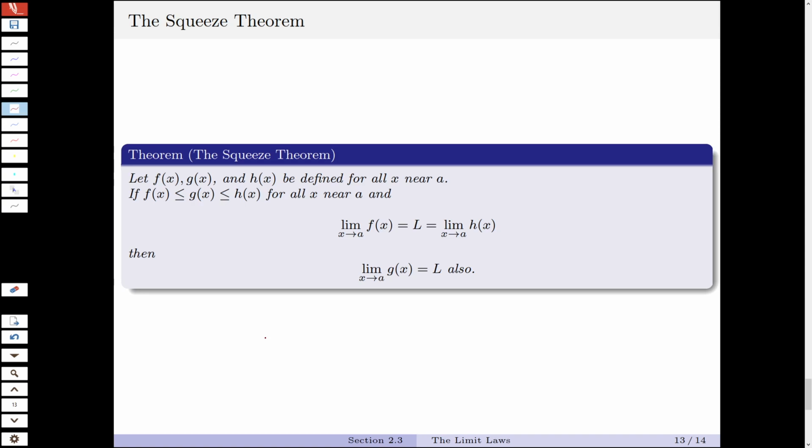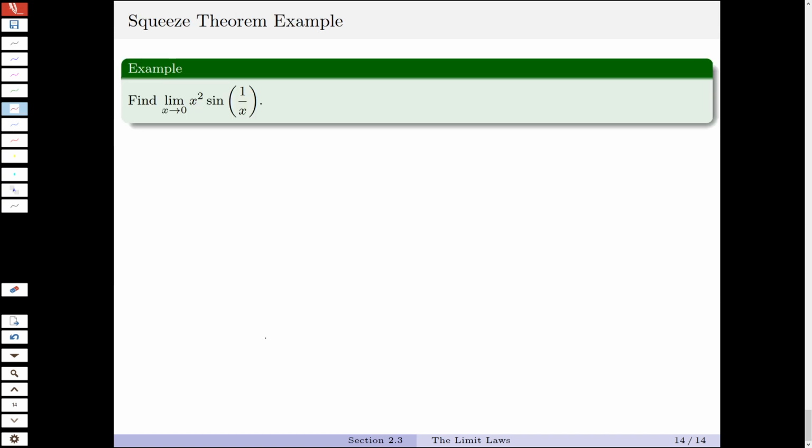Okay, so let's look at an example of how to actually use this. If I look at this as a limit problem and try direct substitution, plug in 0 for x, I'm going to get 0 squared times the sine of 1 over 0. I can see I have a 0 in the denominator, so I'm not allowed to plug in, but it's inside the trig function, so there's no factoring I can do.